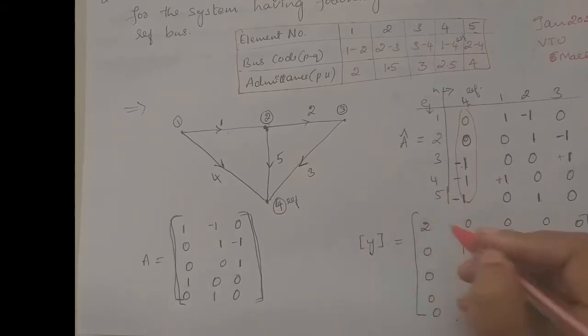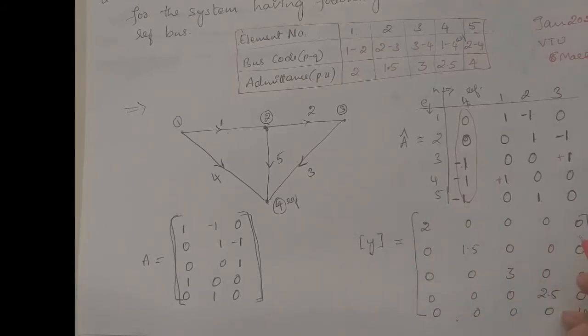2 0 0 0 0, 0 1.5 0 0 0, 0 0 3 0 0, 0 0 0 2.5 0, 0 0 0 0 4.